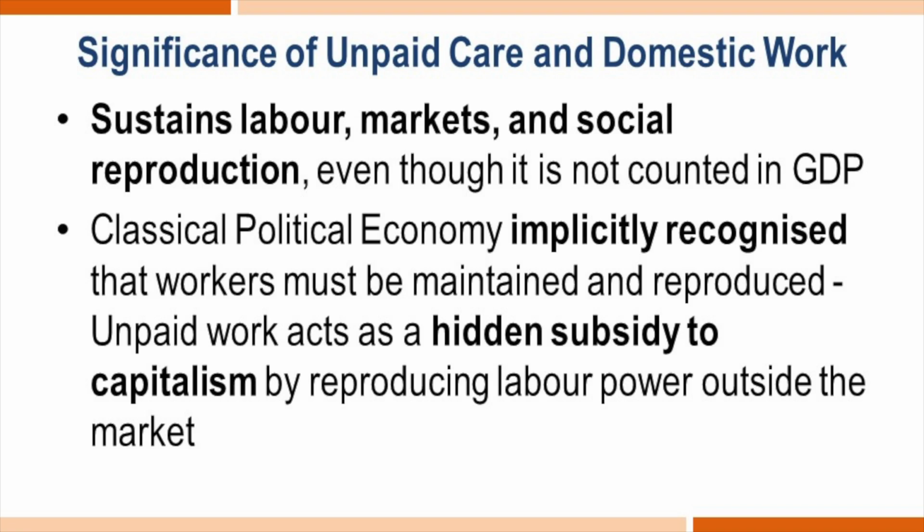If you look at classical political economy, it implicitly recognizes that workers must be maintained and reproduced. You need to have a particular labor class to work on and over capital to produce things. So they believe that unpaid work acts as a hidden subsidy to capitalism by reproducing labor power outside the market.